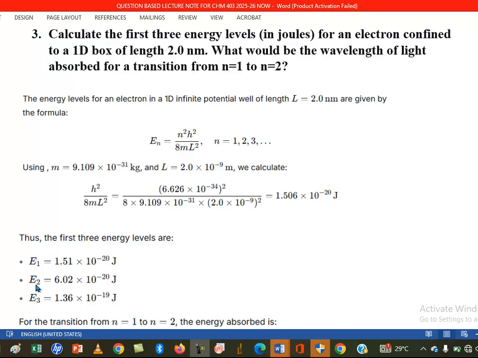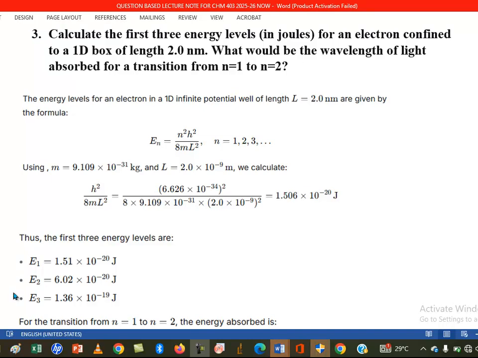Now to the second one, all you need to do is to put 4 here. Remember, it's 2 squared. So that's 2 squared is 4. So now it's going to be 4h squared over 8 m L squared. That should give you 6 points. So in a test condition, you have to calculate for each of the 3 energy levels.